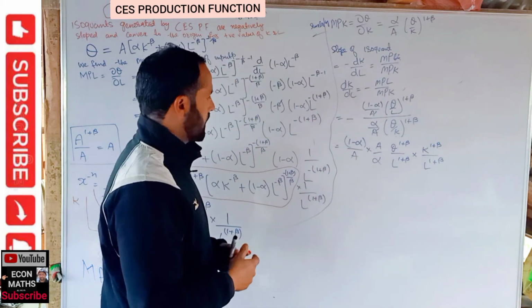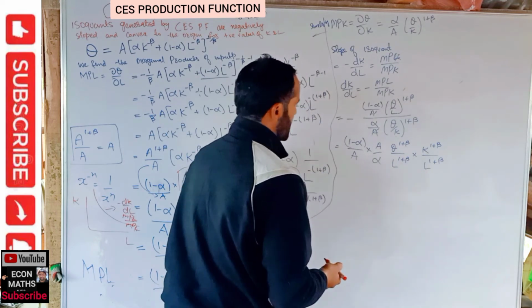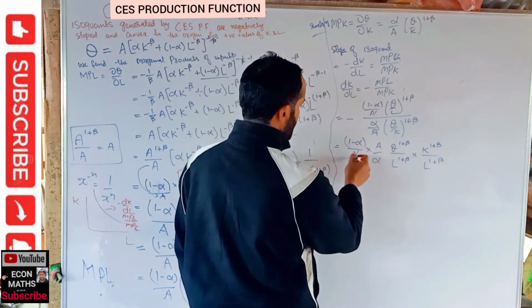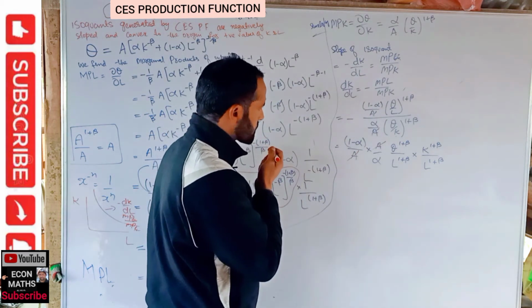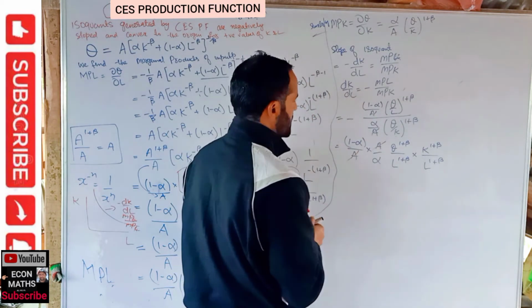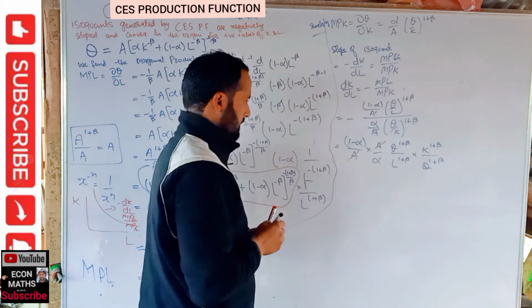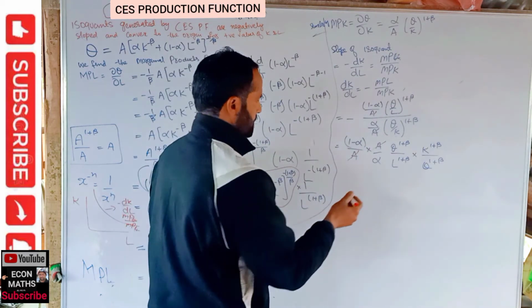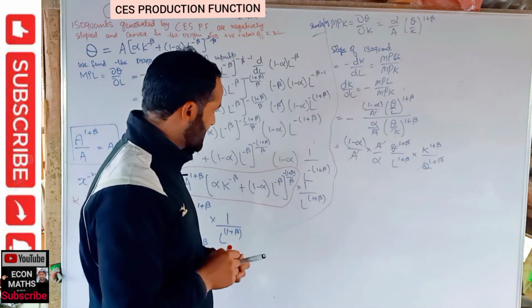Now cancel whatever gets cancelled. Here we can see this A and A will get cancelled. What was it? Sorry, it is here Q. Our Q to the power 1 plus beta, Q to the power 1 plus beta also gets cancelled.